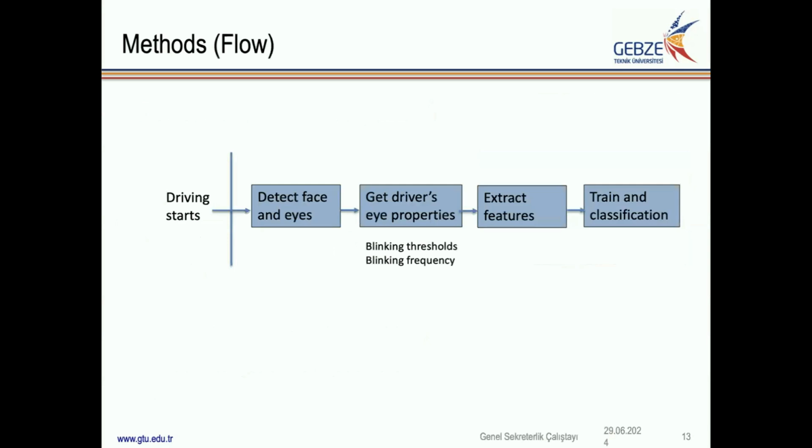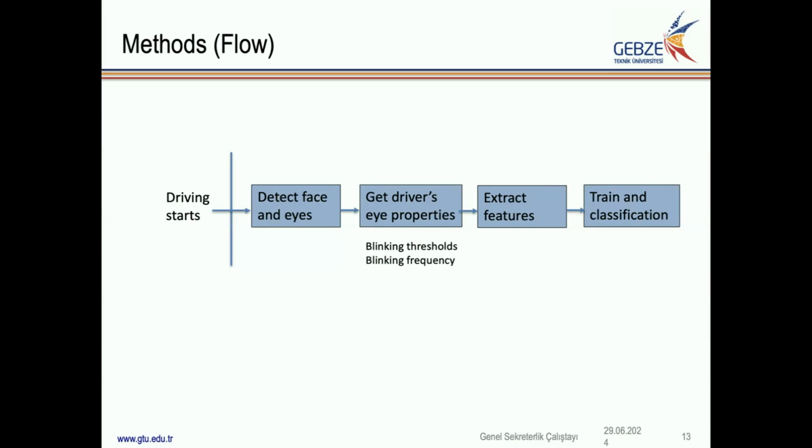So our flow is that we start the driving, and when the driving has started, we will detect the face and also the eyes accurately, and after that we get some measurements from the driver. For the first 2 minutes, we will get some thresholds to detect blinking.